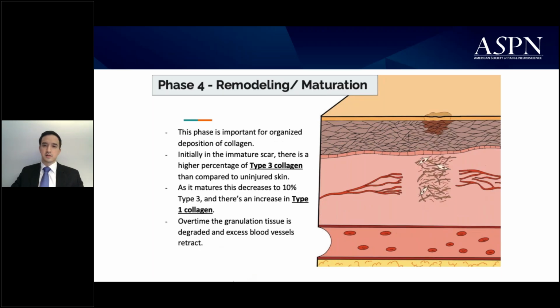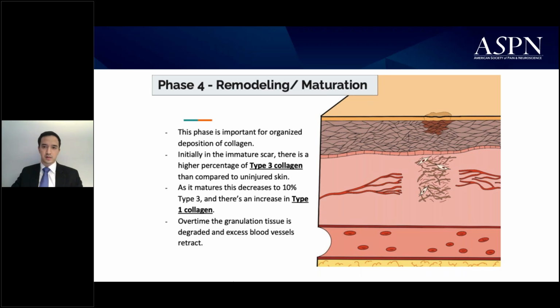So our last phase here is the remodeling and maturation phase, which varies greatly in duration, but importantly can last for as long as 1 entire year, if you recall from that first slide. During this phase, tensile tissue strength is optimized and collagen deposition becomes organized by conversion to type 1 from type 3.